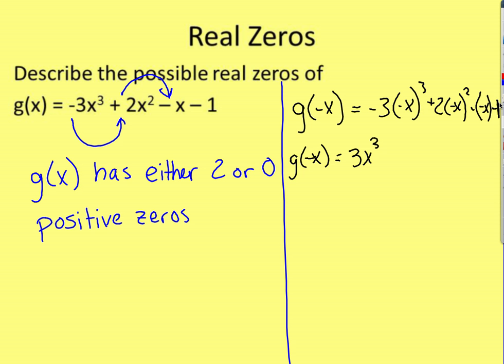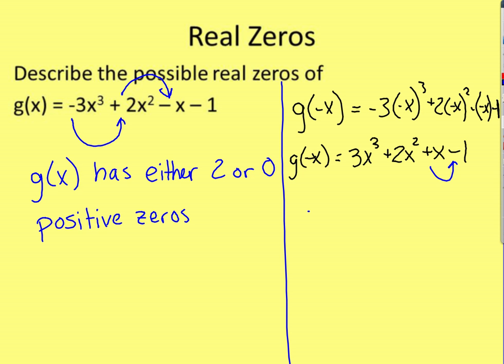Negative x squared makes it a positive x squared, so this is a plus 2x squared. Negative times a negative x gives me a positive x, and then we still have that -1 at the end. So we want to see how many changes of signs we have. We have a positive, positive, positive, then we change from a positive to a negative. So there is only one sign variation here.